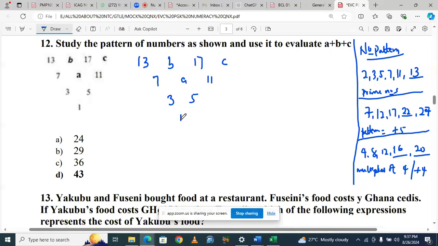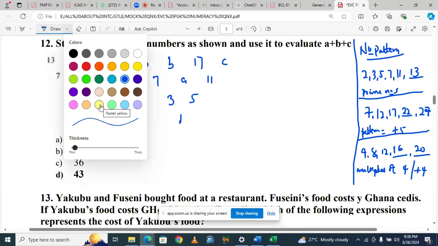Can someone tell me the pattern these numbers are following? The range is 2. Beginning from where? From 1. Can you see the pattern it is going according to?